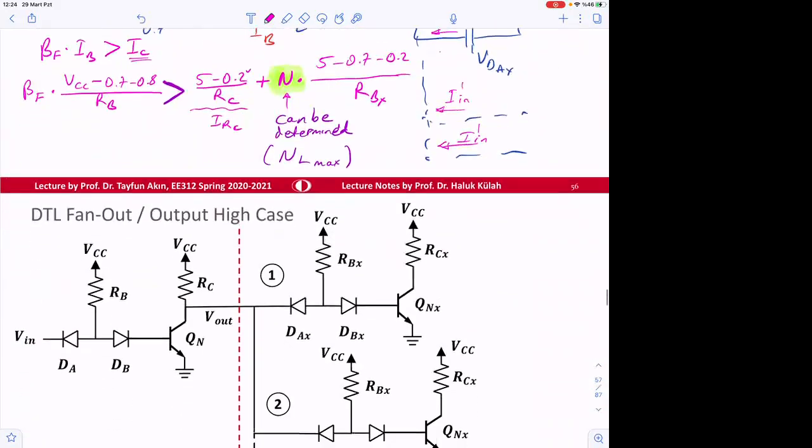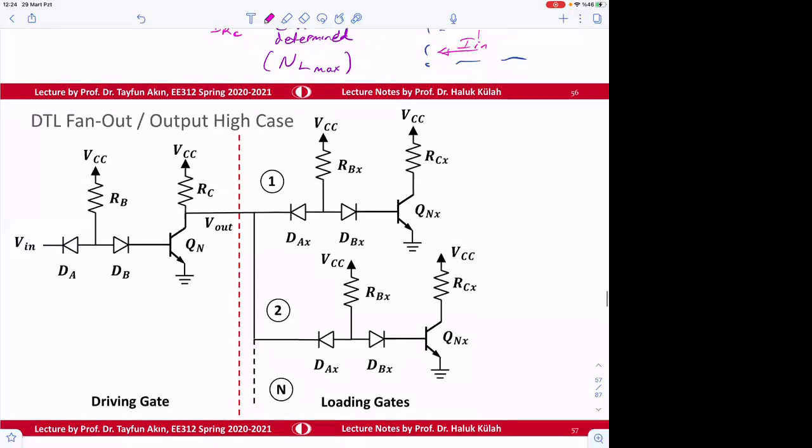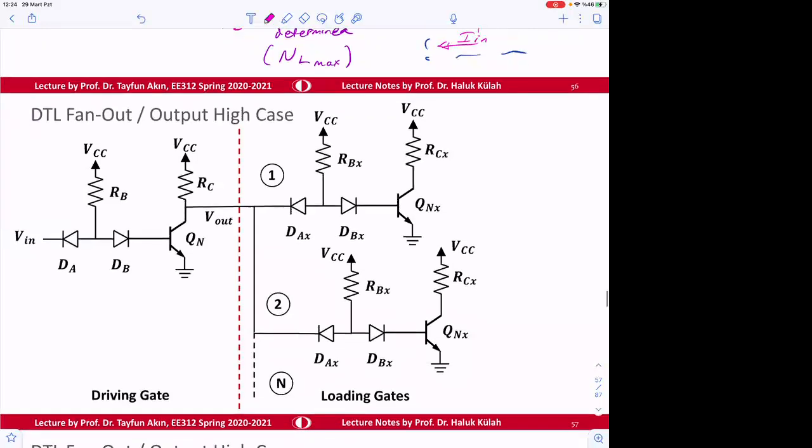So the other case, let's do the other case also. The other case is simple. Output high case. Output high case means this point should be high, right? I mean, this point is going to be the high case.